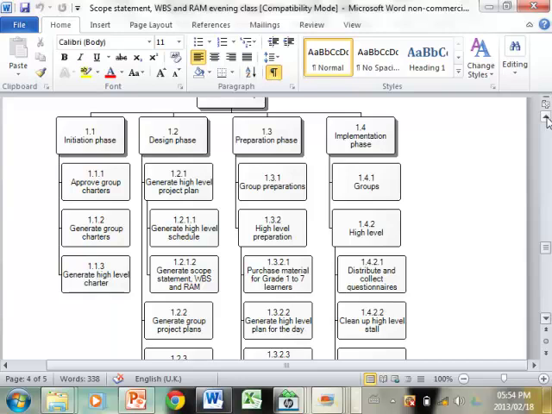Oh. Okay, so often and normally there will be some form of numbering, having sequence information, but that's not necessary. The problem with strictly sticking to numbers is, if I said approve group charters, and then thought, but now I must generate it first, I must move the numbers around.